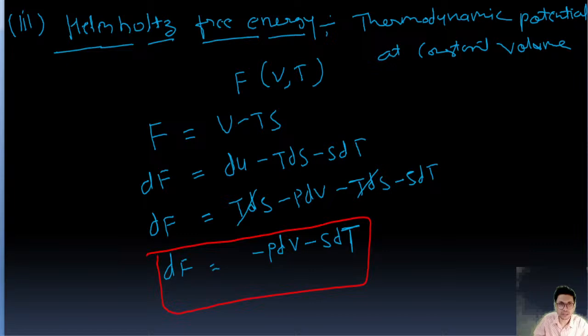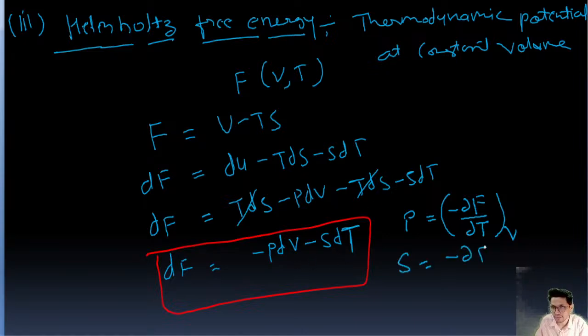So from here we can find the value of P. Value of P is going to be minus del F over del V at constant T. Because constant V means dV will be 0, then the value of S is going to be minus del F upon del T. This is the value of S, guys.